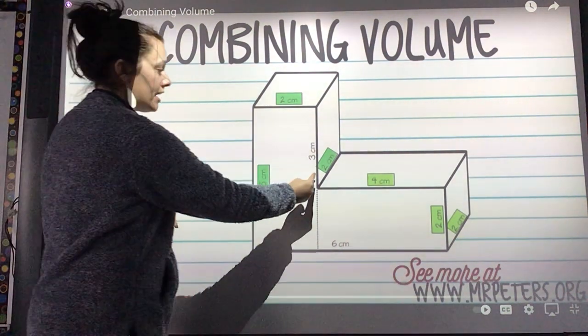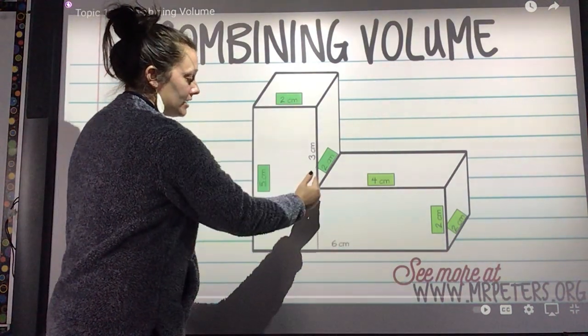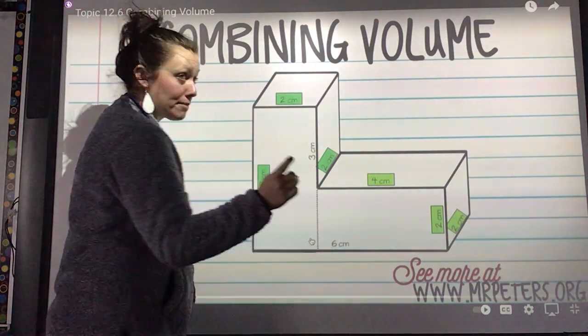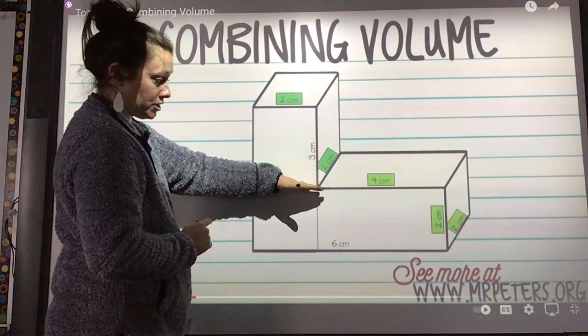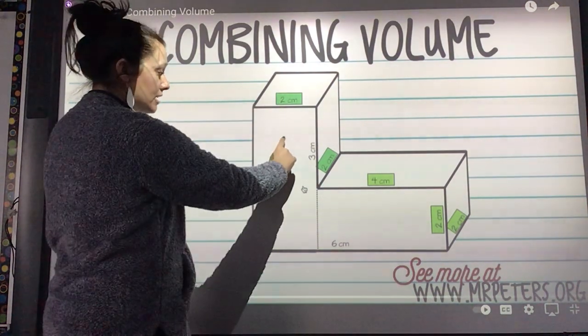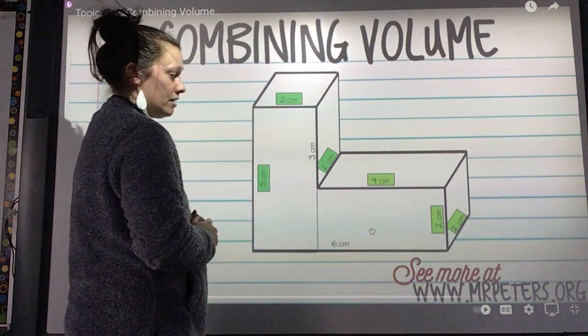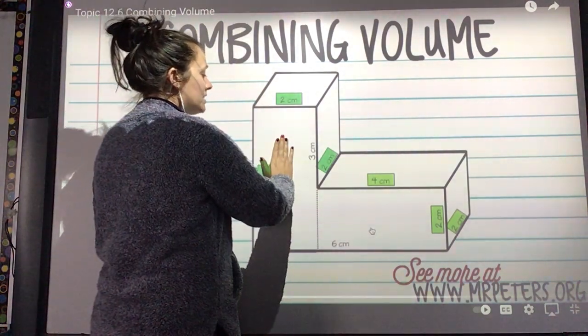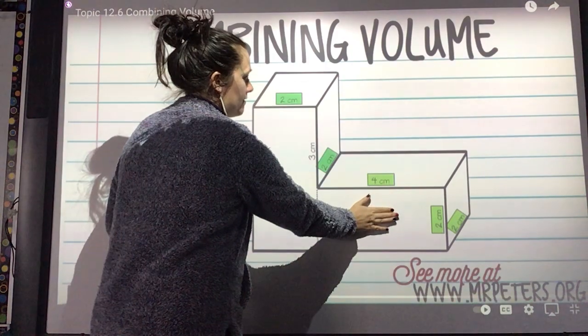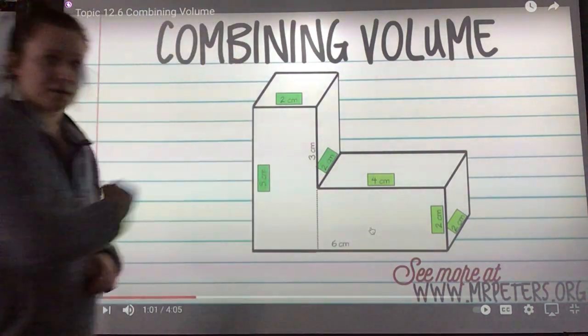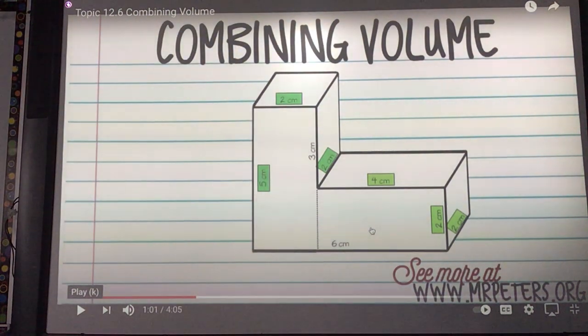So here he took his L shape and divided it down here. Remember, our other option was to go across this way too. But then number them. This is going to be prism 1. This is going to be prism 2. Okay? You have to find the volume of this prism, then find the volume of this prism. I wish he numbered his. I think that helps a little bit to keep them straight.